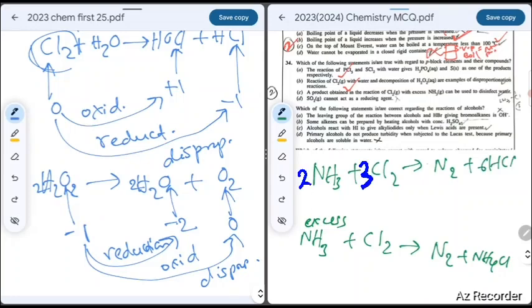Here 6, then 2, 3. Then if it is NH3 plus excess Cl2, it will give NCl3 plus HCl. NCl3 plus HCl. Right?